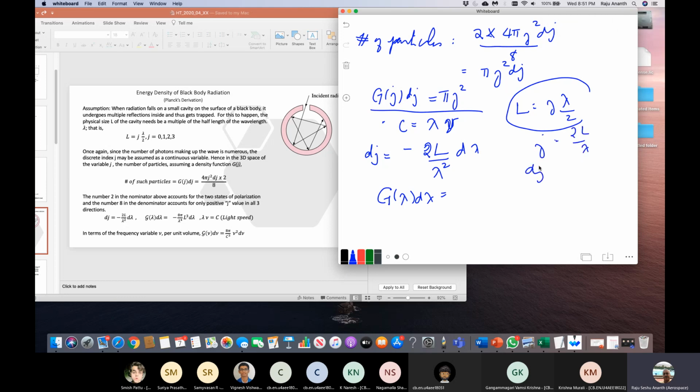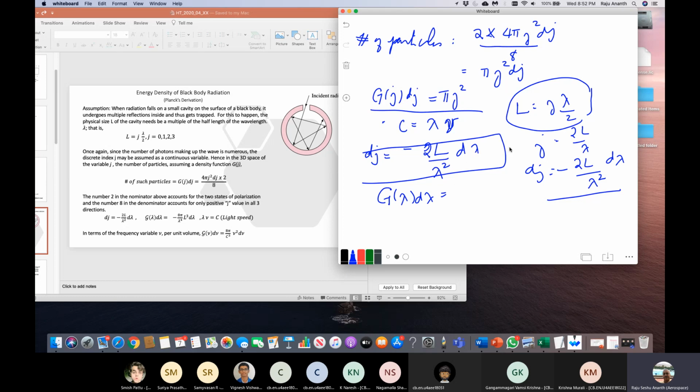So dj will be minus 2L over lambda square, d lambda. That is how I got this. From the original assumption, L, the space in that domain, has to be equal to j lambda over 2. So dj will be 2L. That is how I got that.